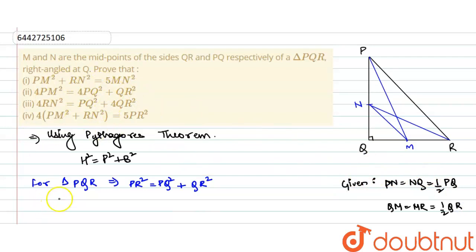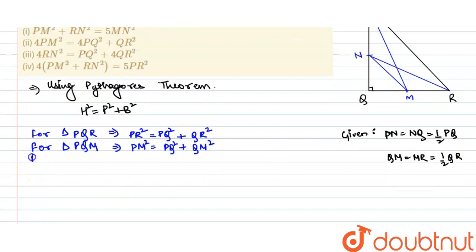Now we'll move to this. For triangle PQM, PM square will be equal to PQ square plus QM square. This is the second equation. The second triangle will be NQR.